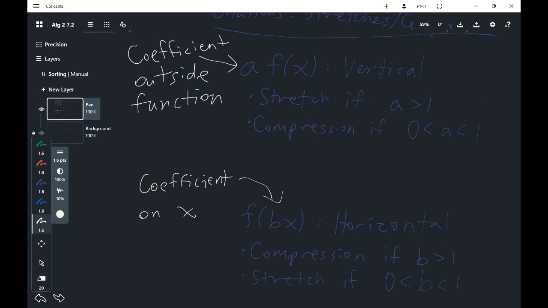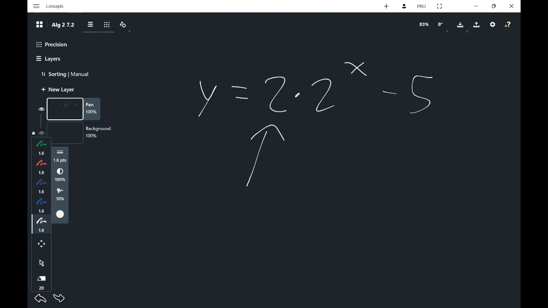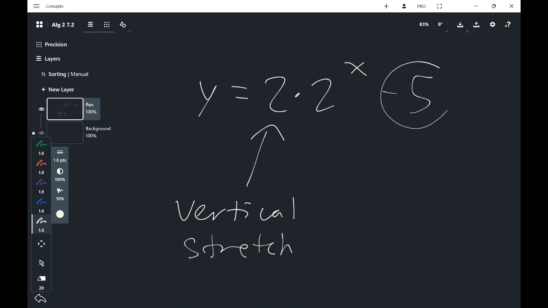And because a is bigger than 1, our a is 2 in this case, this is a vertical stretch. I don't see any negative signs, so I don't see any reflections. Well, I guess except for this negative sign, this minus 5 on the outside. Remember, this is a shift. If it's outside the function, it's going to be up or down. Negative means it's going to go down.